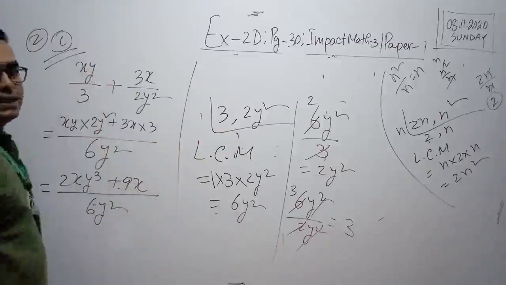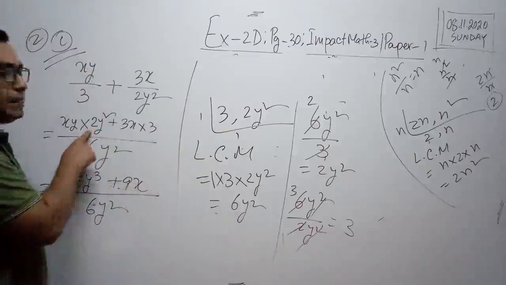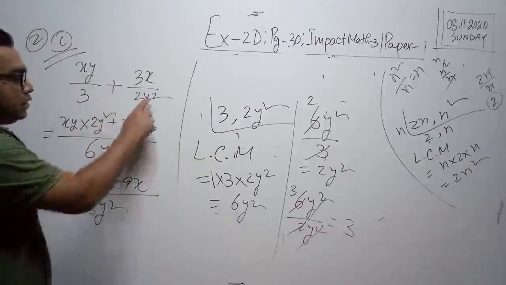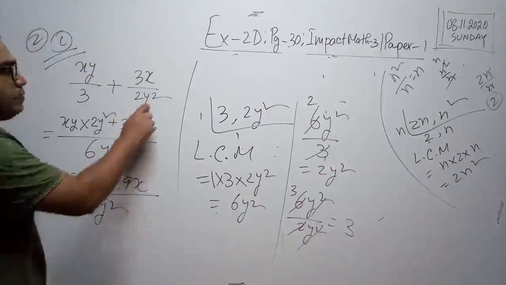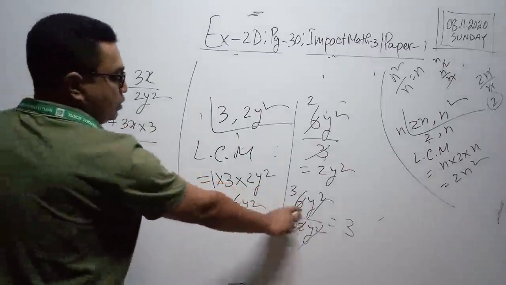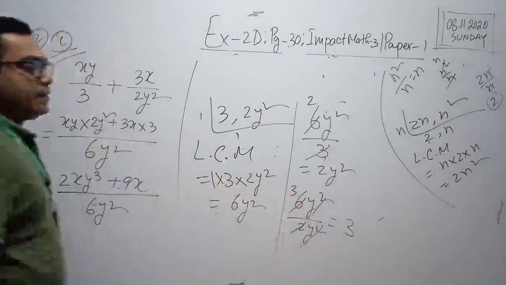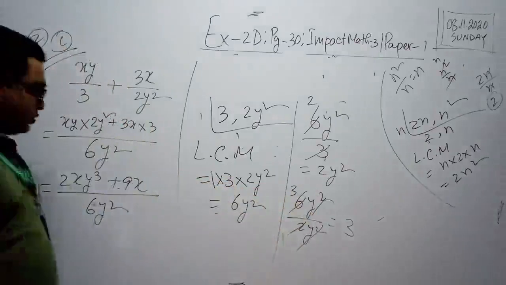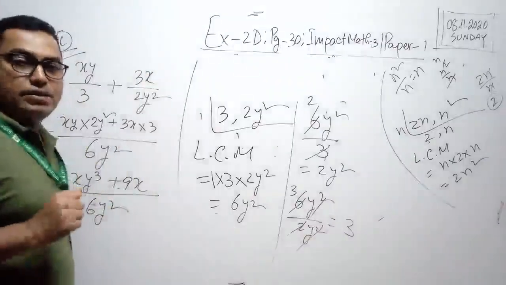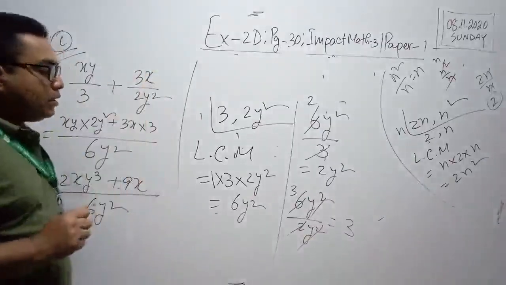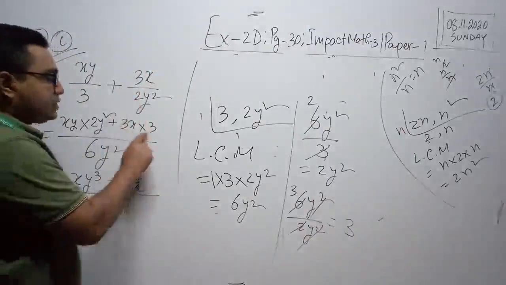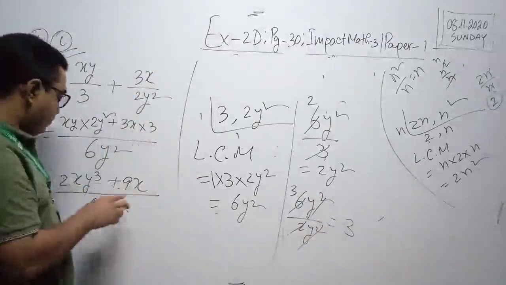So 2y square will be multiplied with the numerator. Here the numerator is xy. xy multiplied by 2y square, plus this plus sign. Then divide 6y square by 2y square. 2 goes into 6 three times, y square cancels. So 3 is the quotient. So numerator 3x will be multiplied with the 3.